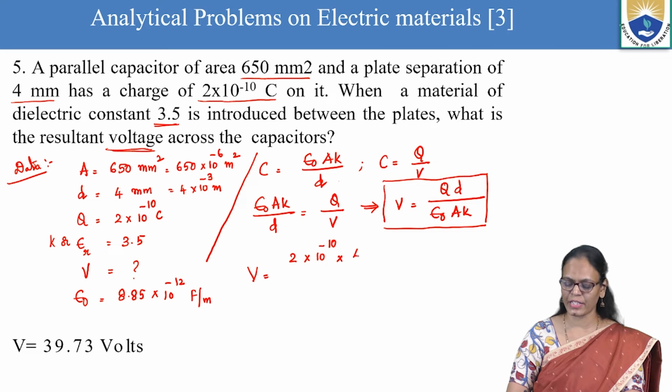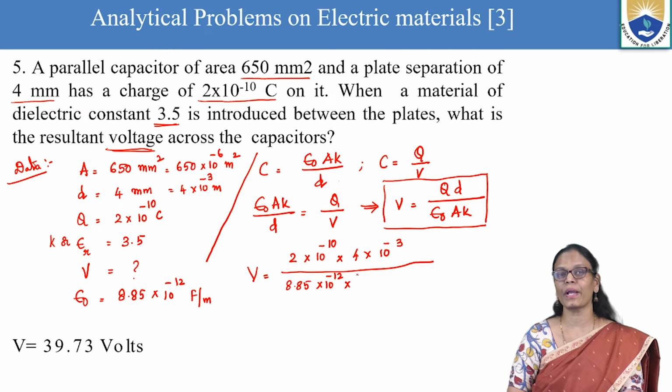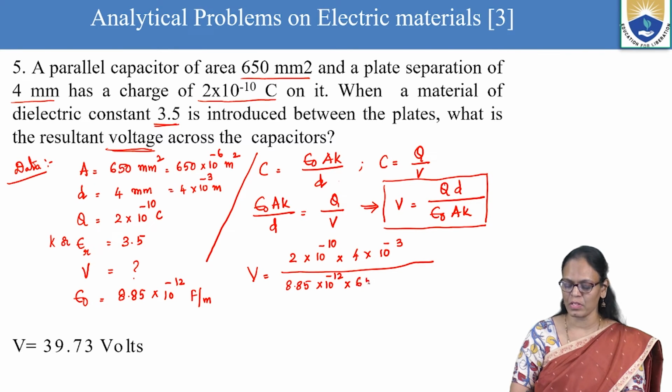So D, we'll write it as 4 into 10 power minus 3 upon epsilon naught, 8.85 into 10 power minus 12, into area. Area is now 650 into 10 power minus 6, into the value of K, which is 3.5.